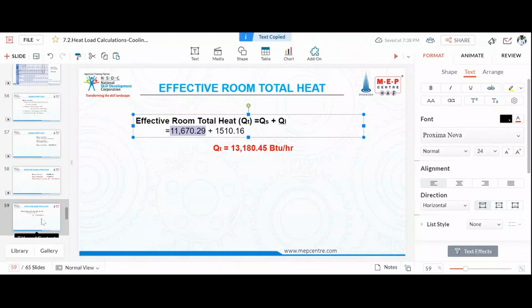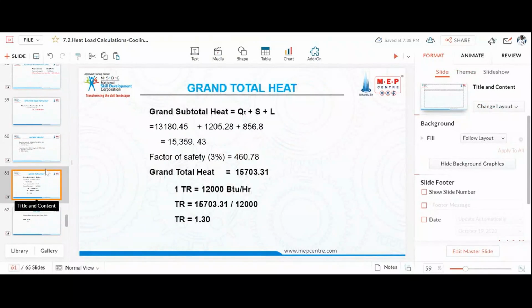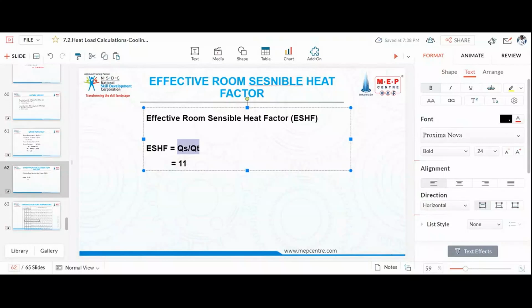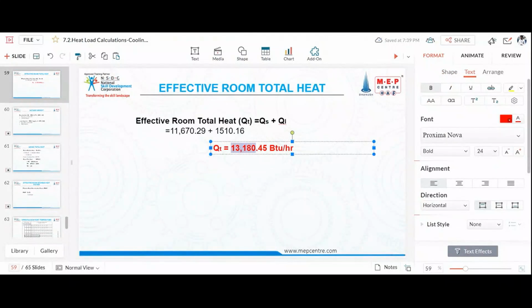670.29 divided by QT. Tell me the QT value. 13180.45.